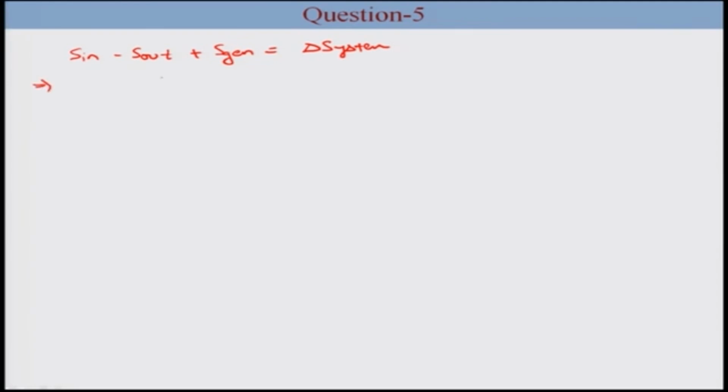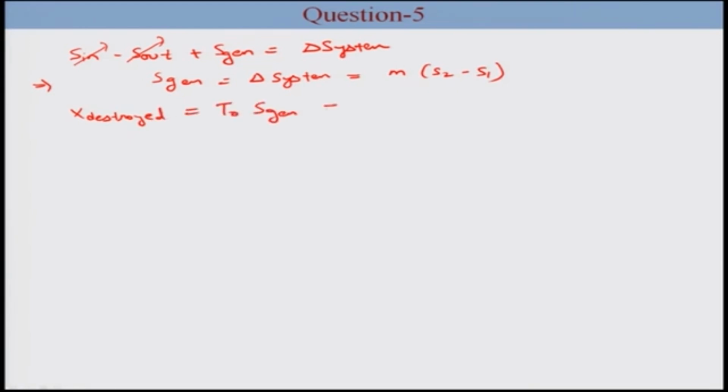From here, these two will be 0, so we get S gen is equal to delta S of system, which is equal to m (S2 minus S1). Now substituting, X destroyed is equal to T naught S gen, which is equal to m T naught (S2 minus S1).